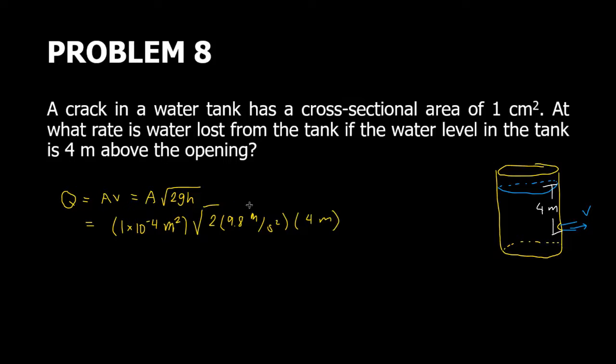And computing that, we have a Q value of 1 times 10 raised to negative 4 times the square root of 2 times 9.8 times 4.